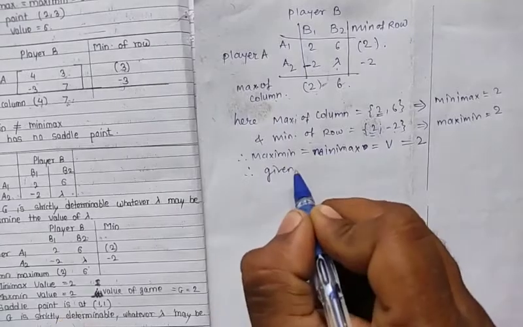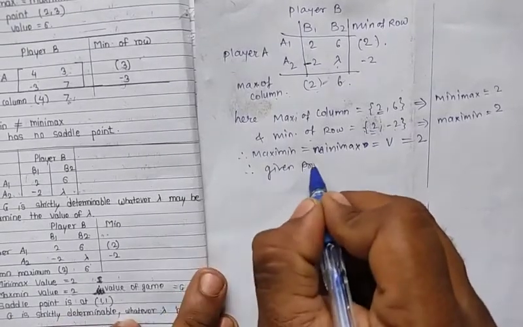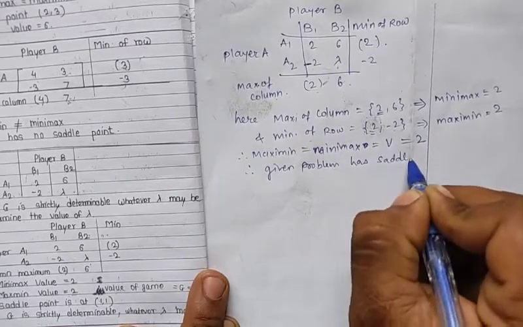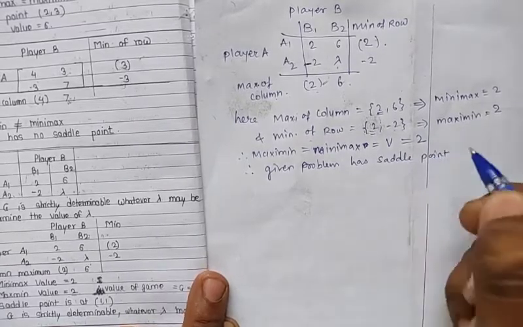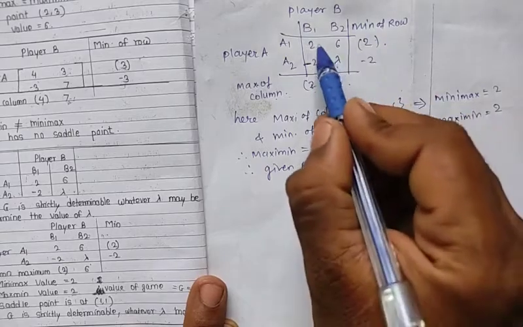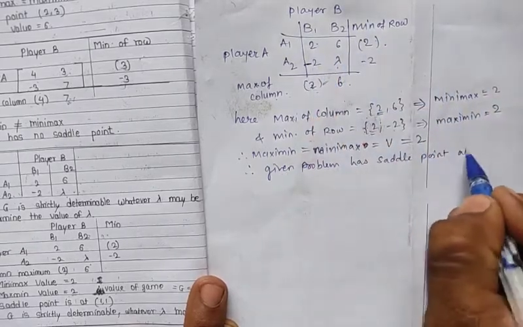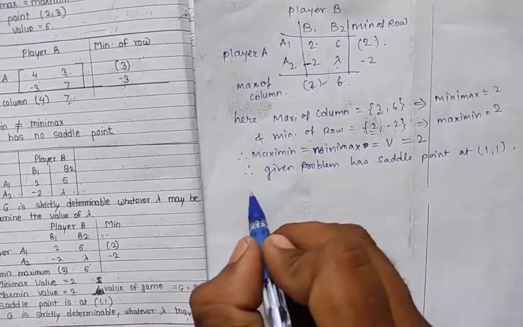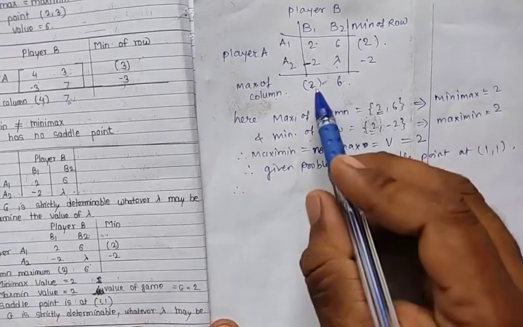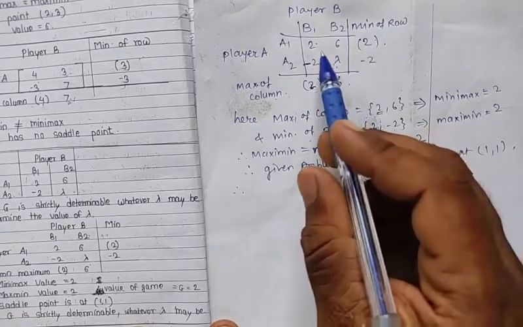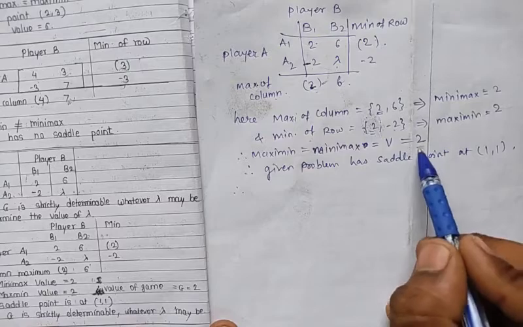which is at the intersection of these two values, at the 1, 1 position. So we get that this game has a saddle point. Therefore we get the value of the game.